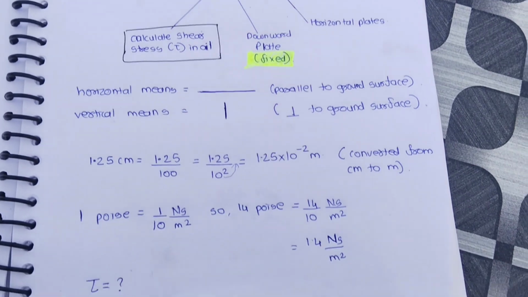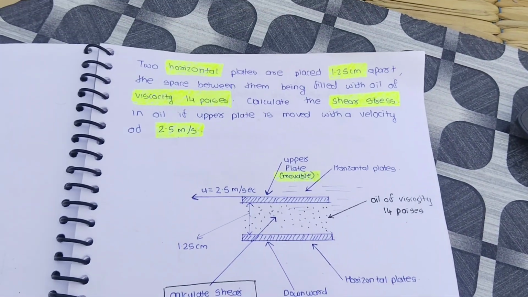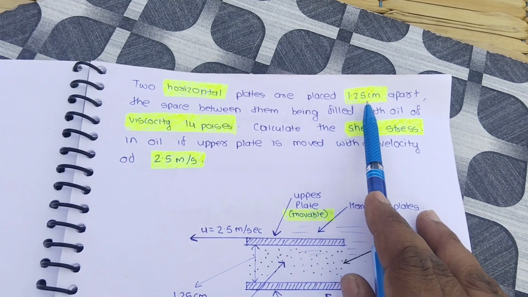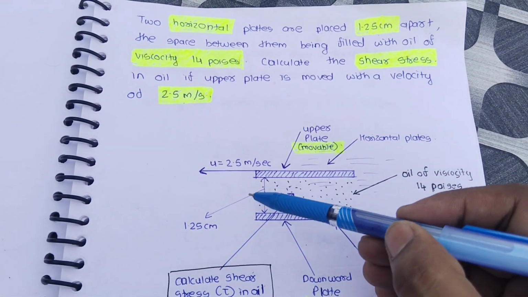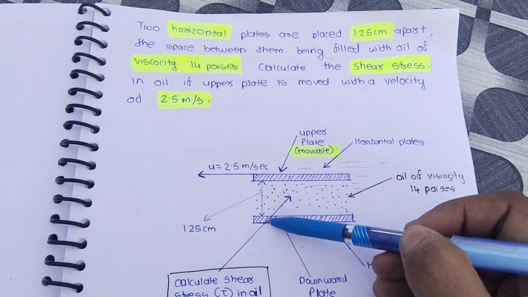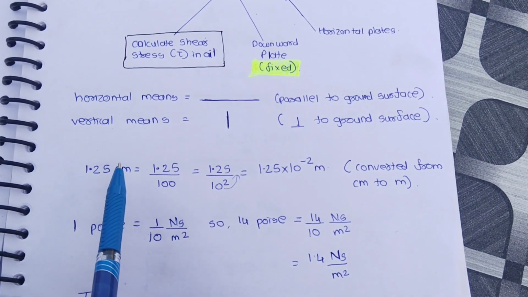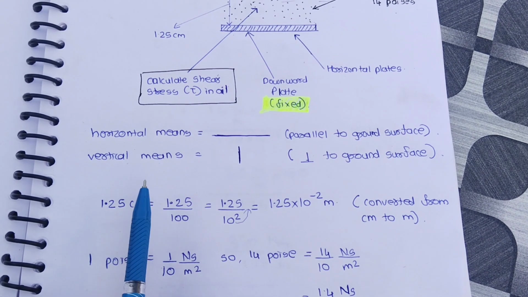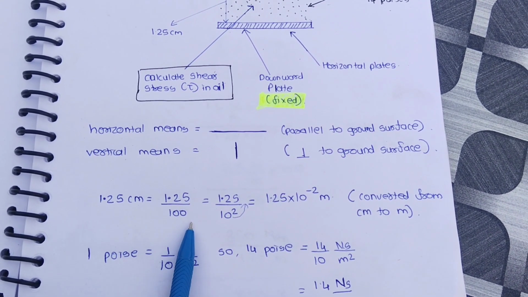The 1.25 is given in centimeter, and it is the distance between these two plates. So we have to convert 1.25 centimeter to meter. We divide by 100 for the conversion to meter.